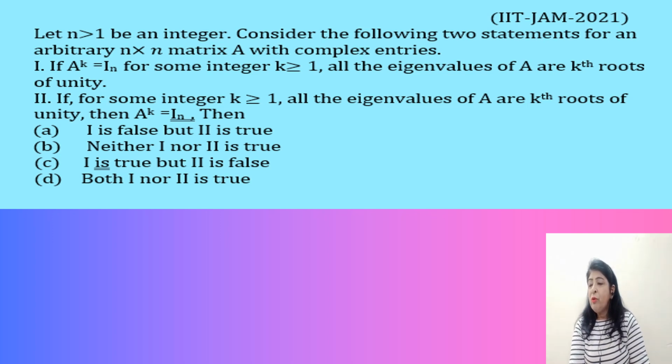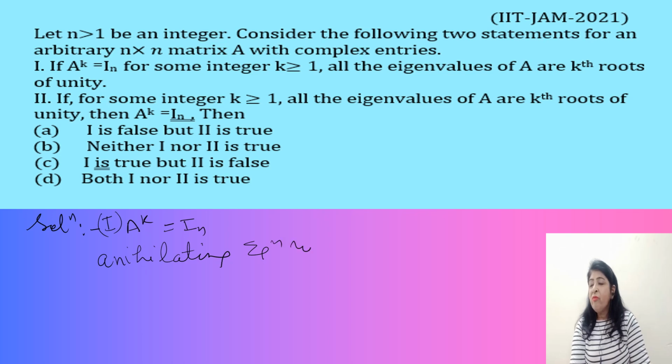Now we are given that A raised to power k is equal to I_n. This is our first statement. So A raised to power k is equal to I_n, then an annihilating equation will be x raised to power k minus 1 is equal to 0.